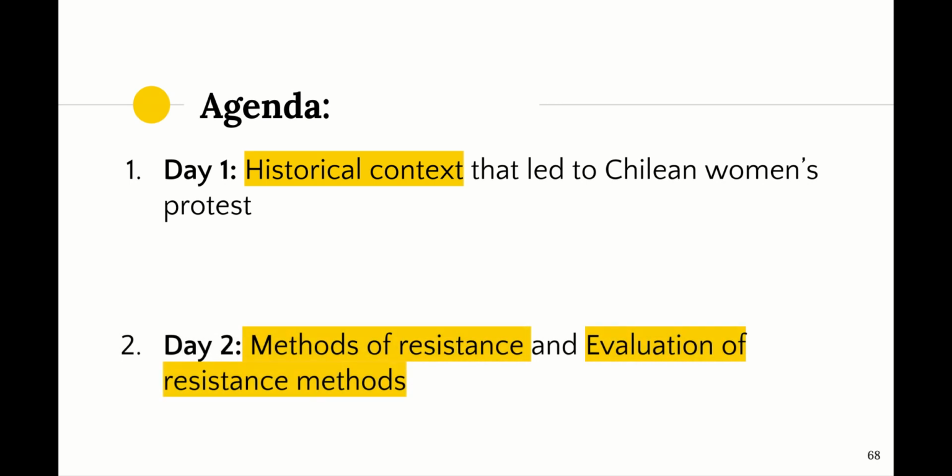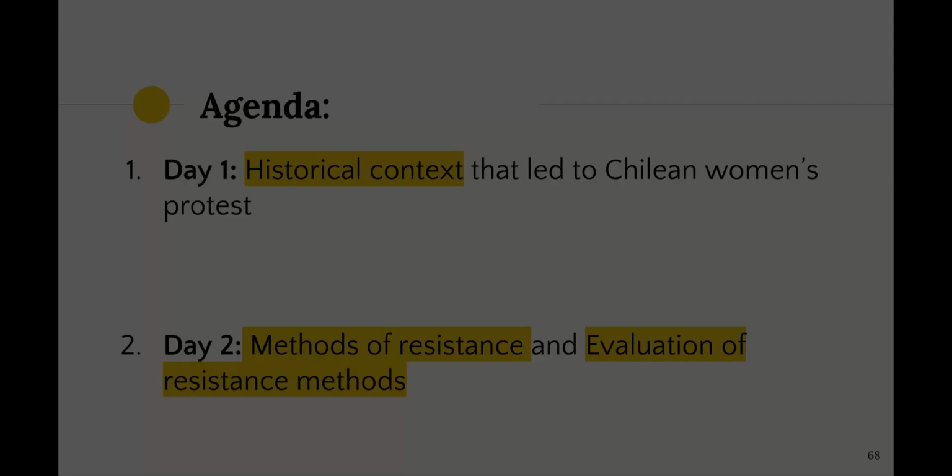And day 2 is the methods of resistance and evaluation of resistance methods. This is exactly as Ms. Pearson structured hers. And my guess is, even though we haven't fully created it, your final is going to look something like this: researching historical context, researching methods of resistance, and then evaluating whether or not their resistance methods were successful.